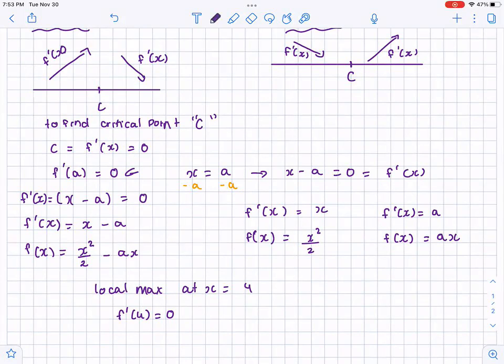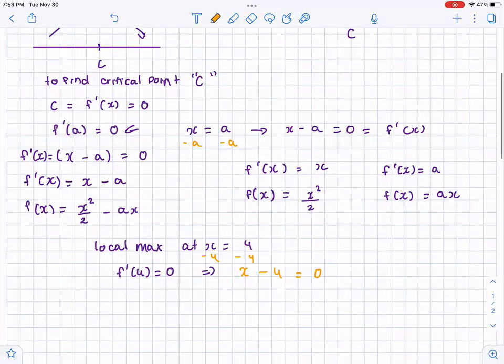Therefore, since x equals 4, you can think of it as subtracting 4 from both sides. That means x minus 4 is equal to 0, and that is f prime of x.